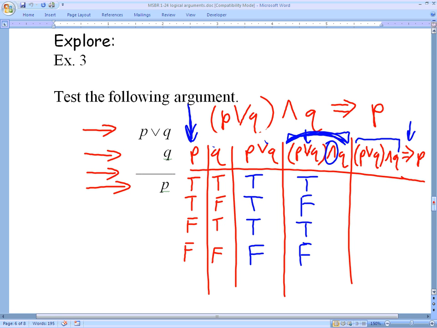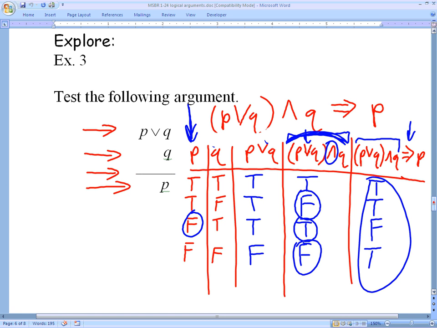So T followed by T becomes true. If I start with a false, anything that follows is automatically true. Here I started with a true, but I finish with a false, and that is no good for an if-then statement, so that's false. Here again I start with a false, so automatically true. This is not a tautology because it's not all trues in my final column. So this is not a valid argument.